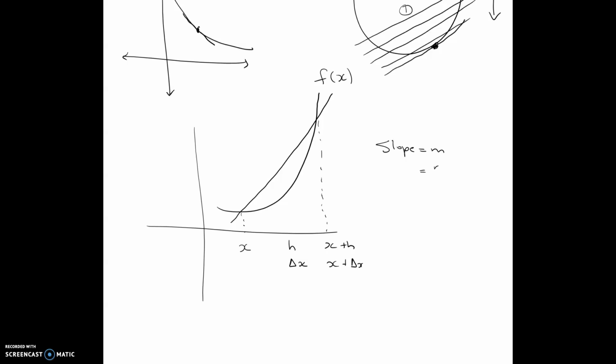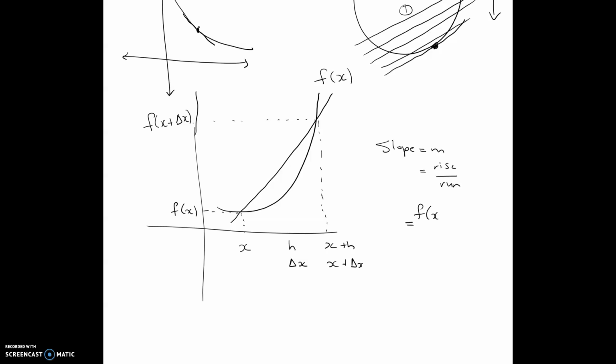We need to find, because if we're going to find the slope as being the rise over the run, we also need to find the y coordinates. At x it will just be f of x, and at the point of x a little bit further over it will be f of x either plus h or plus delta x. So in this case then we can find the rise over the run.